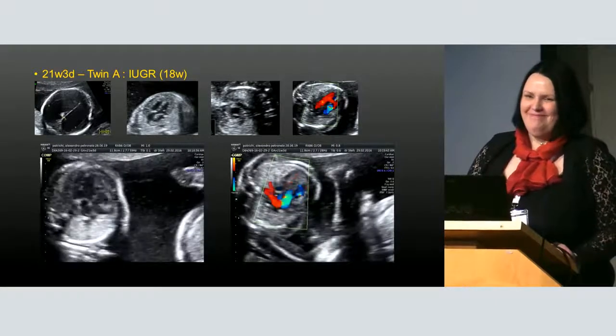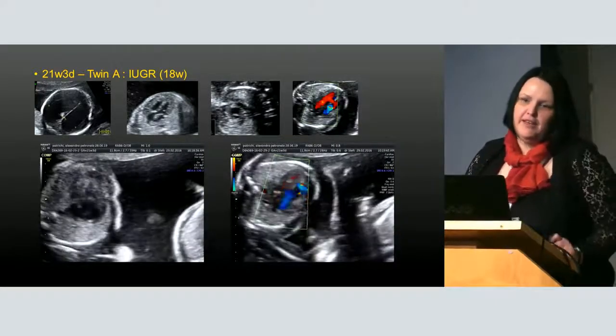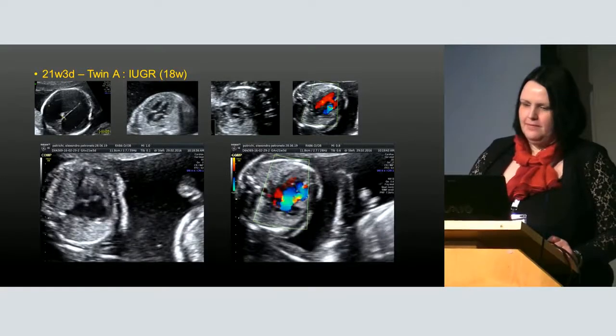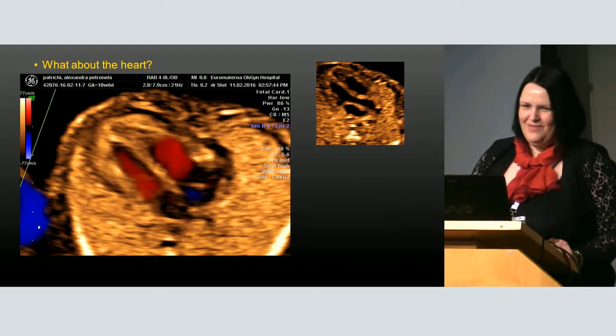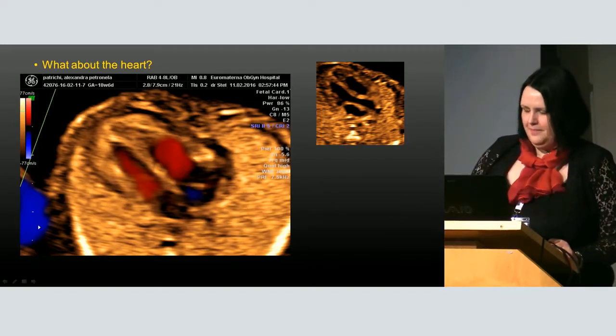It's not, no, it's a normal right aorta. Sorry, that's the image for the aorta.